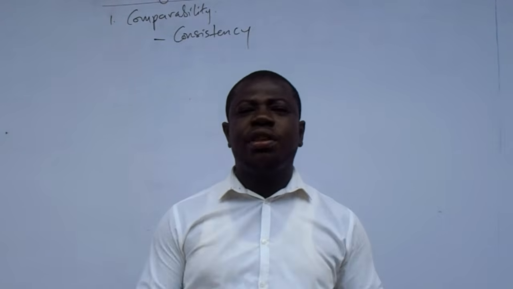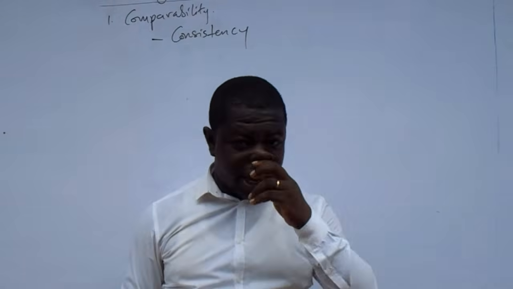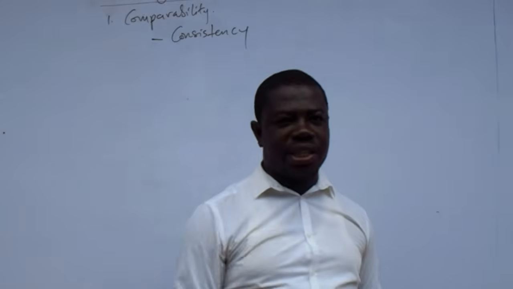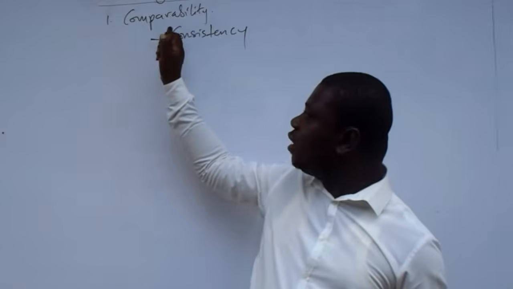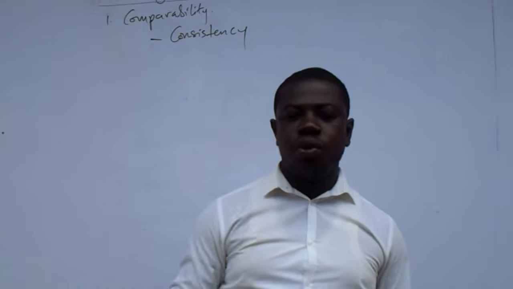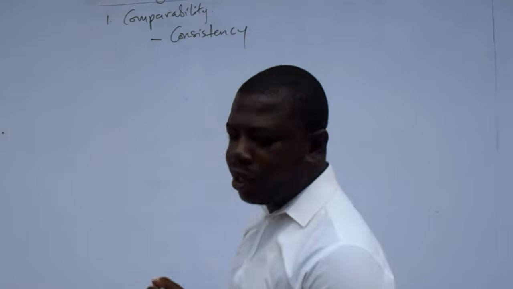And so if your methods are not consistent, then it will be difficult for comparability to be achieved. So you cannot talk about comparability without talking about consistency. So anytime the quality of comparability is to be achieved, we should also know that consistency is key to achieving that comparability. Alright, so that is about comparability.